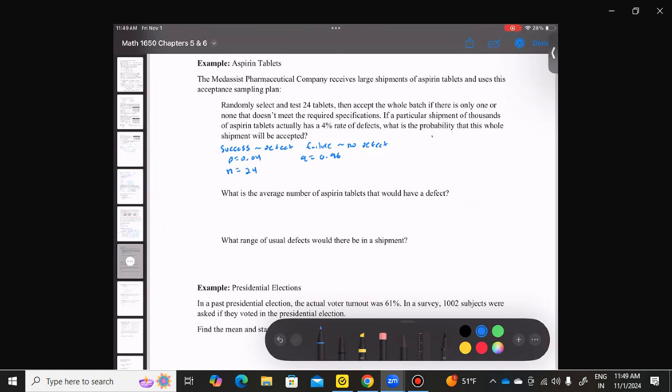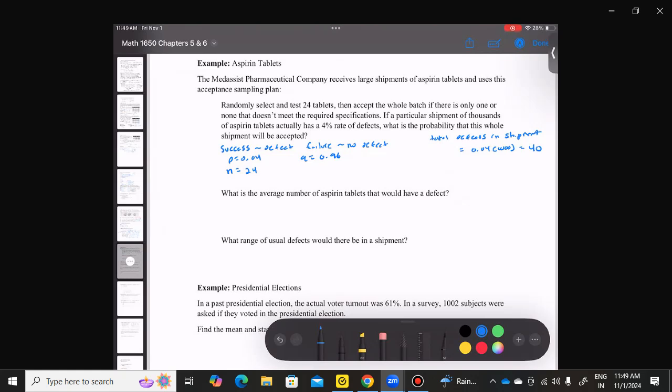So total defects in shipment is equal to 0.04 times 1,000, which is 40. Okay, so this 1,000 tablets have 40 total defects.